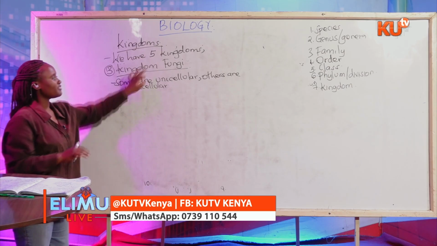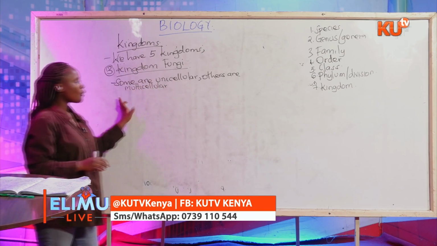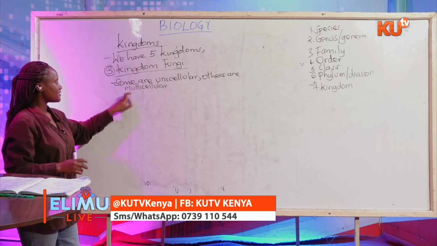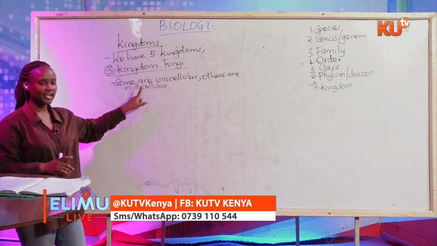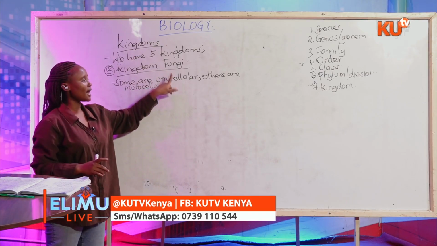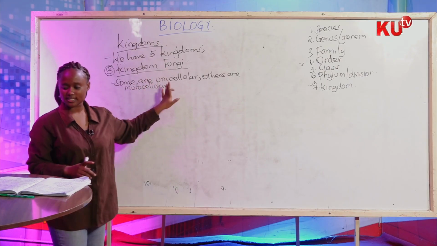So in kingdom fungi, some are unicellular while others are multicellular. This means they have multiple cells, and some are having only one single cell.